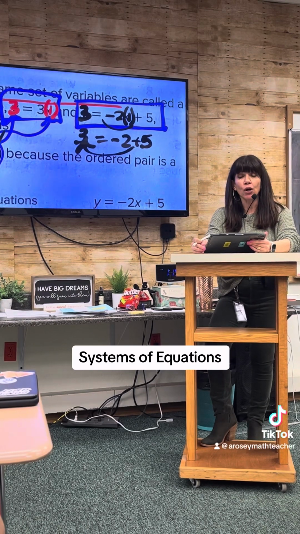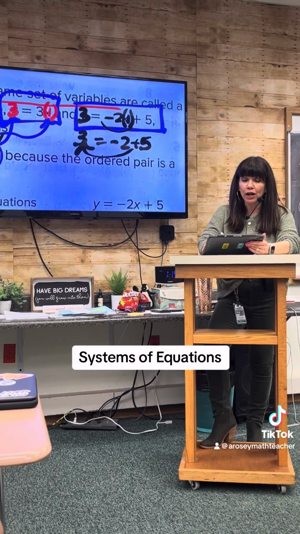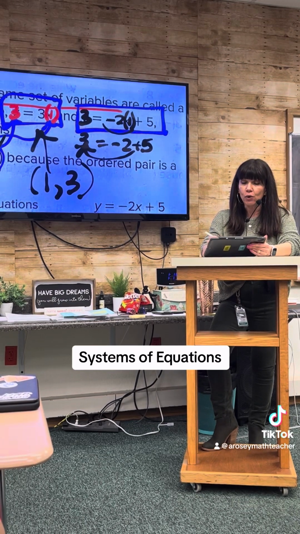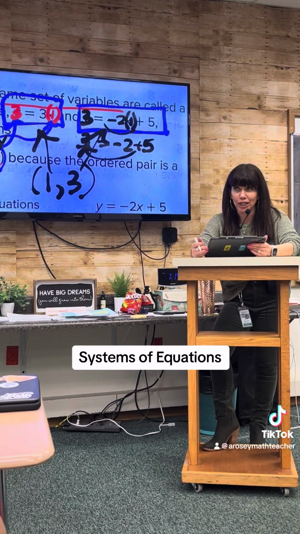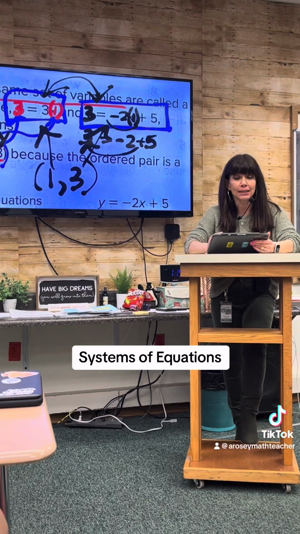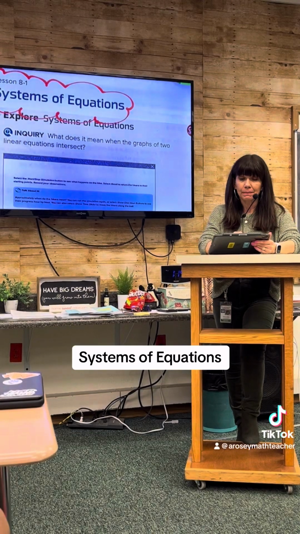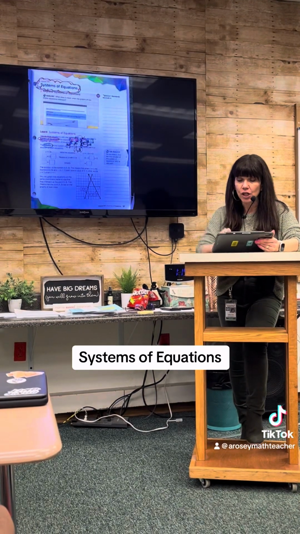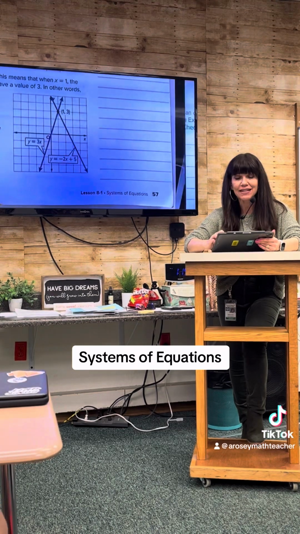So that is why we say that the ordered pair 1, 3 is the what to both equations? Solution. And what do we call these two equations? We call it, it's at the top, system of equations. Excellent.